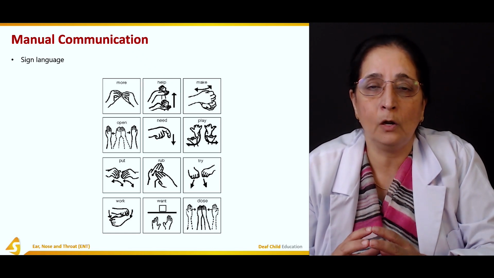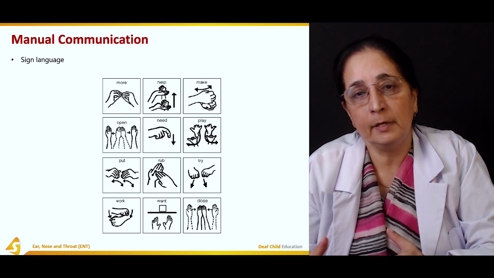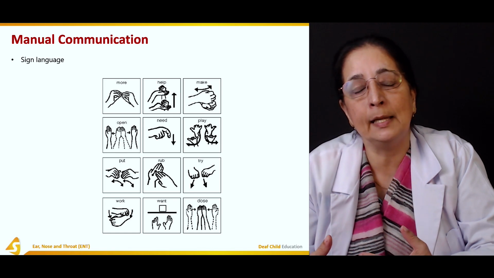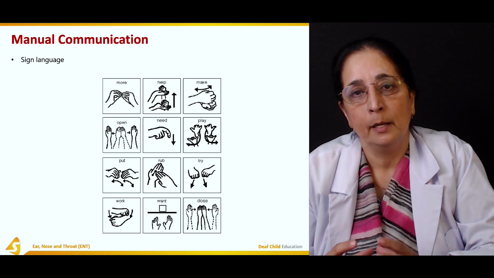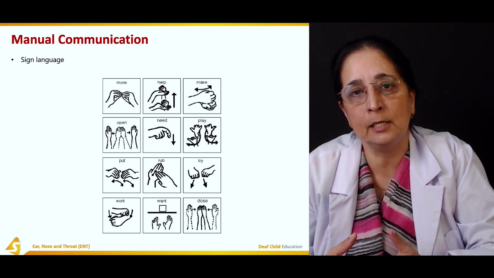So if we cannot handle this situation, then we will end up with this disability, and that can be very dangerous for children because they don't fit in society very well.